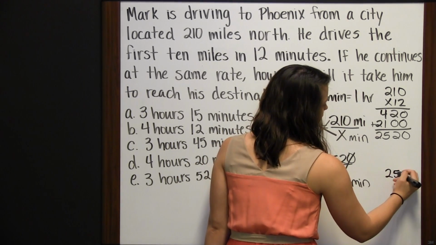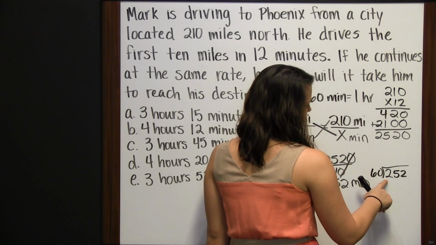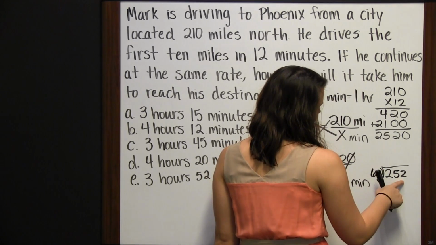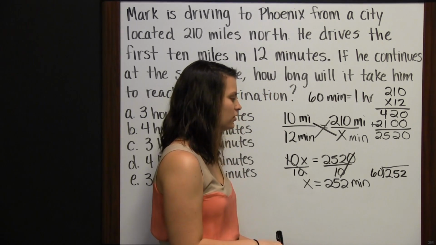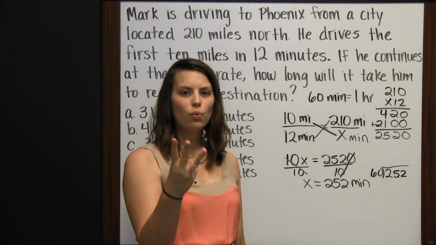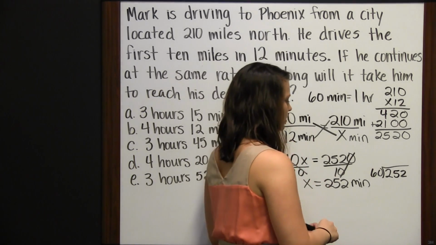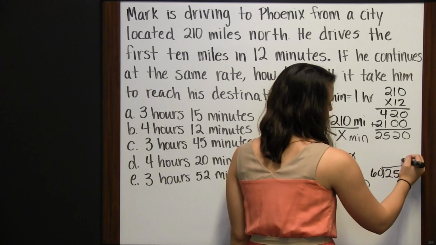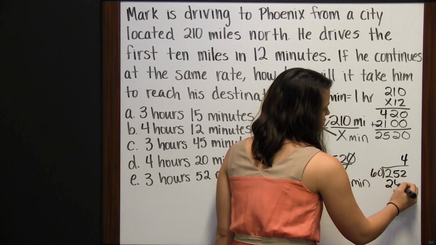So 252 divided by 60. So 60 does not go into 25. 60 goes into 252. 60, 120, 180, 240. So 4 times, because 4 times 6 is 24, and 4 times 60 is 240.